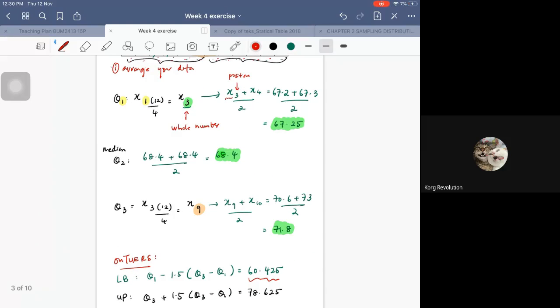Okay, so what is our value for quartile 1? That is 67.25, minus 1.5 times quartile 3, which is 71.8, minus quartile 1, which is 67.25. So that is going to be a value of 60.45. That's actually correct, 60.45. Hold on, let me see what's wrong here. Why did I get 65 before?